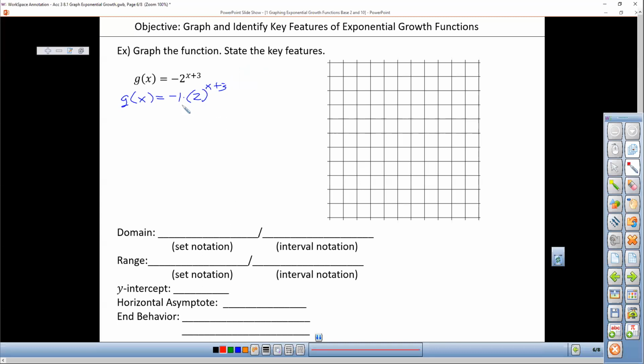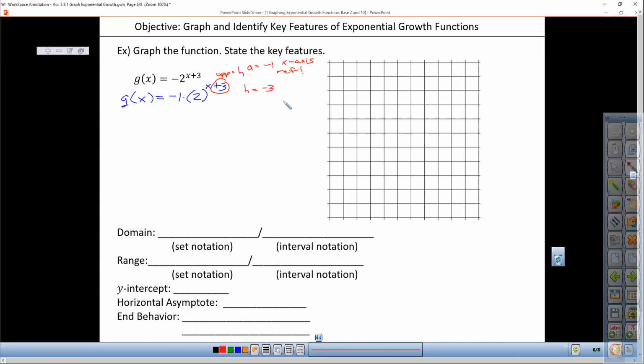That's how it must be interpreted. So here, this -1, that's our a value. And that means that we will have an x-axis reflection in this problem. The +3, remember, it's the opposite of that that gives us our h value. So here our h is a -3. And so that means that we have a translation to the left 3 units.